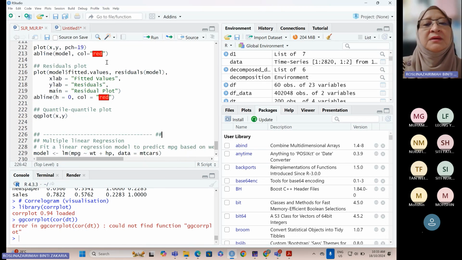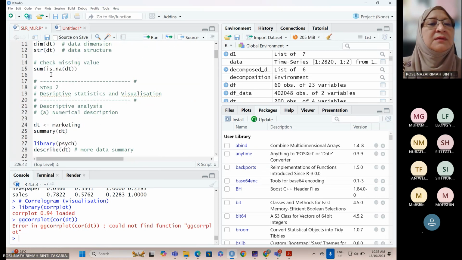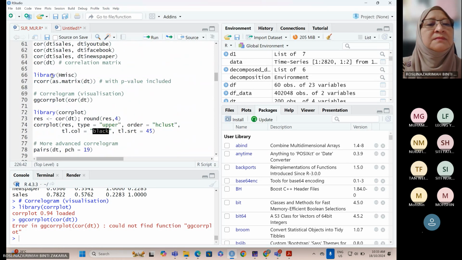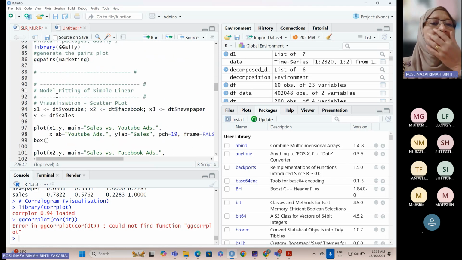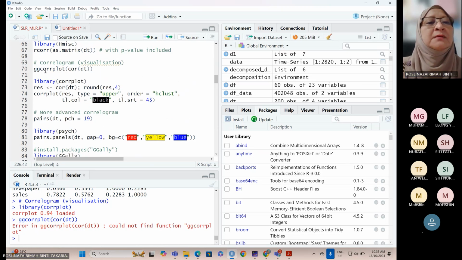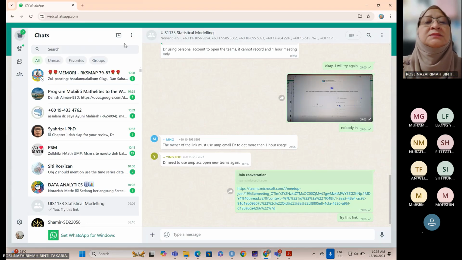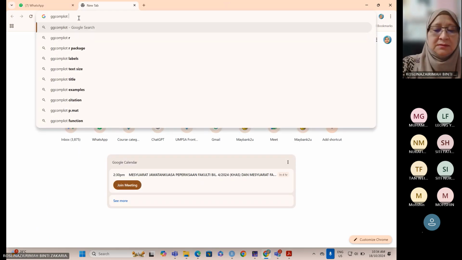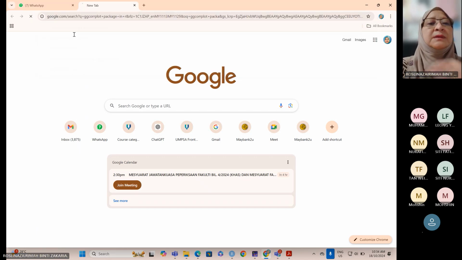Just a moment, I'll go and find it in the packages in R. Which package?